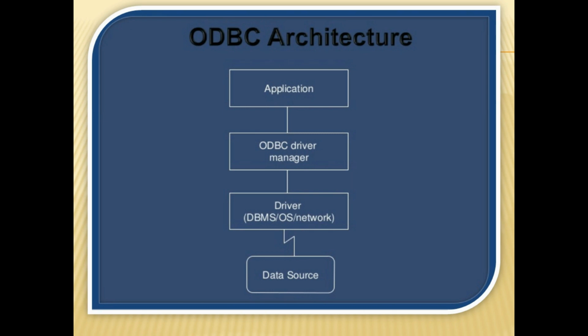The open database connectivity driver manager can add a driver, remove a driver, or configure the drivers. A driver is simply something that acts as an interface between two parts. The database management system has one type of driver, and the operating system has another type of driver, and it treats them internally like that.